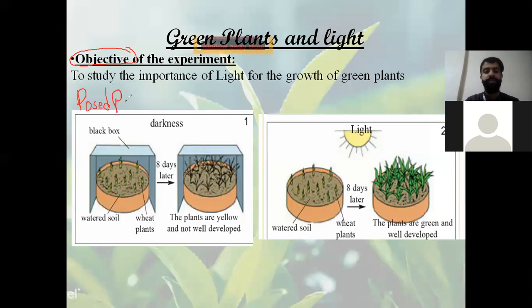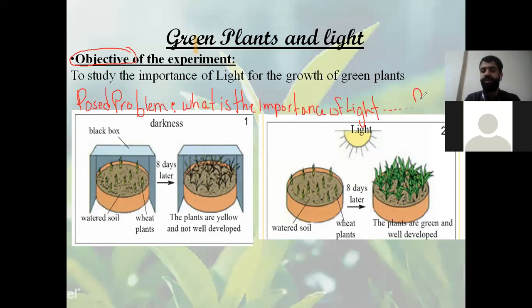So what is the importance of light for the growth of green plants? Very good, Lin. So the posed problem should always be in the form of a question. You have to continue with the growth of green plants and then put the question mark. So this is the posed problem. The posed problem is similar to the aim, but it should be in the form of a question.